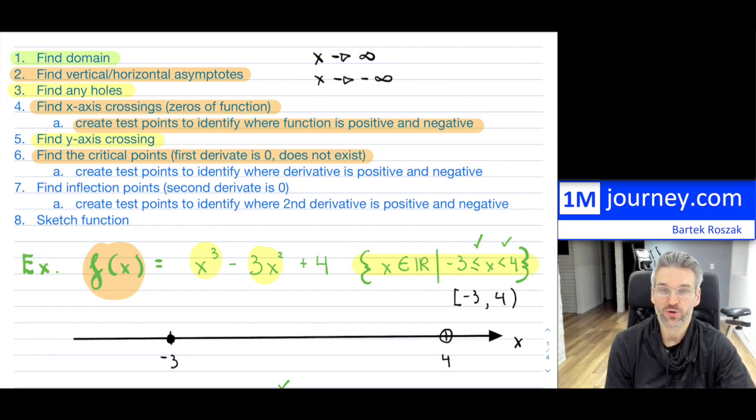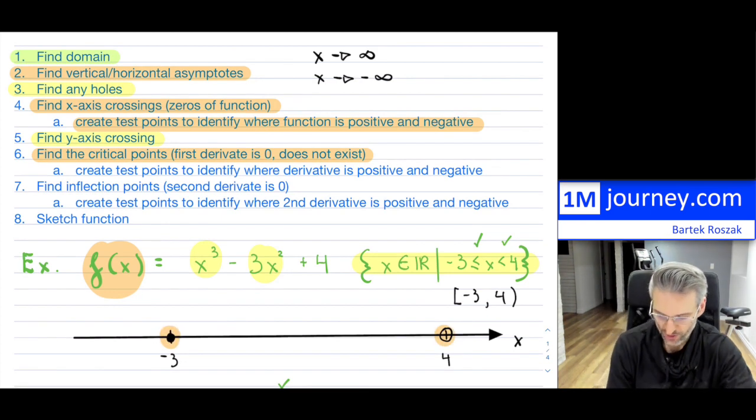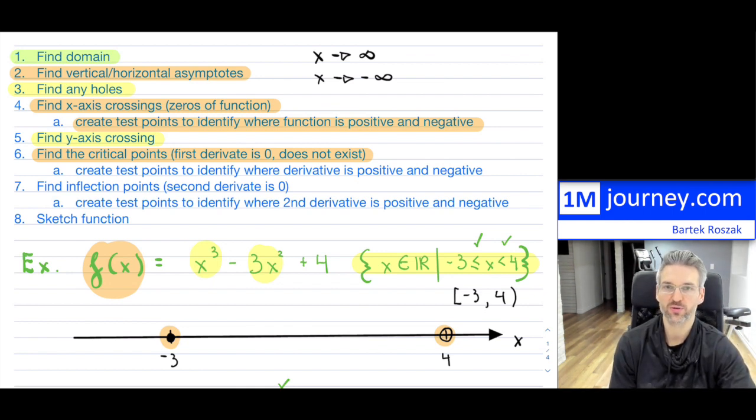Now, in this case, it's a polynomial, so it's very well behaved. Now, where does the derivative not exist? It actually does not exist at the endpoints, right here. So, we're going to be checking those critical points. We can put those values in exactly to see where that function will be ending.